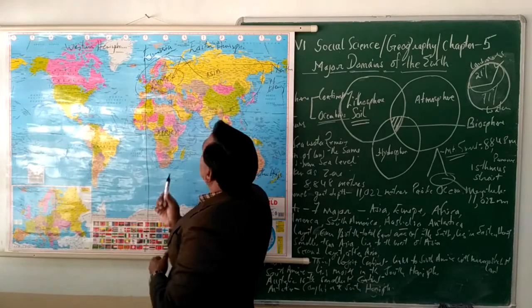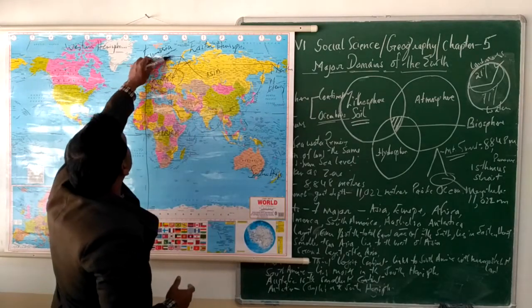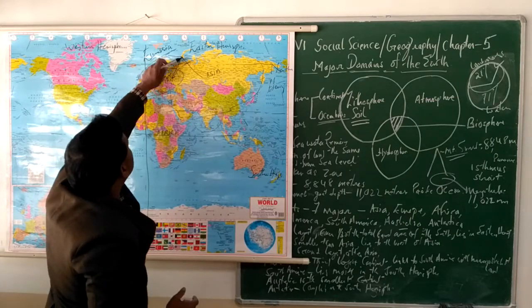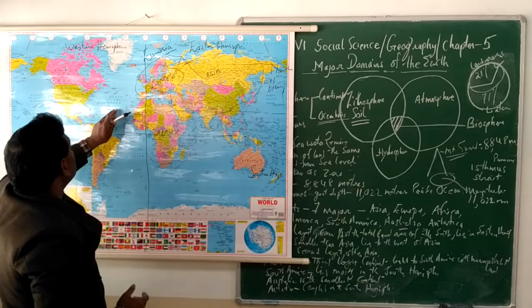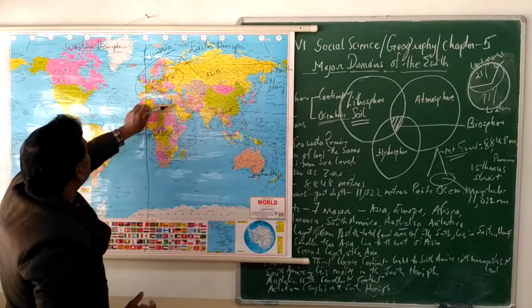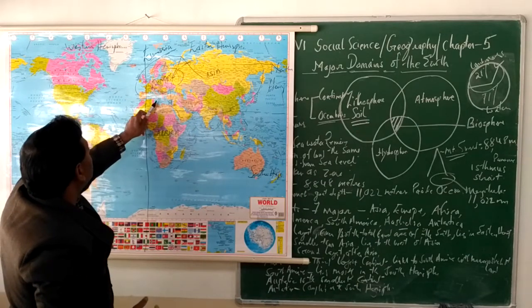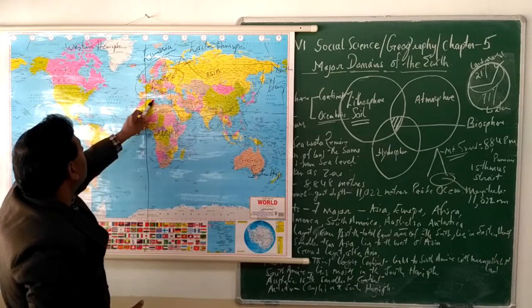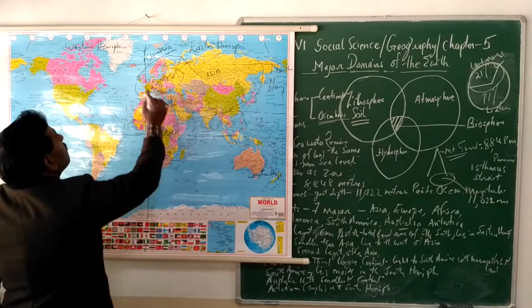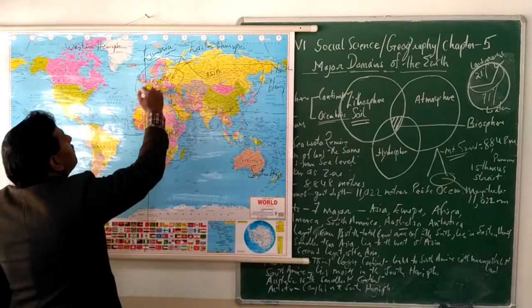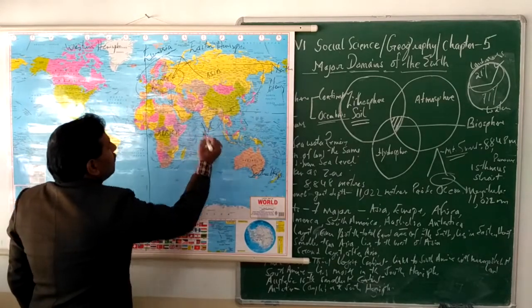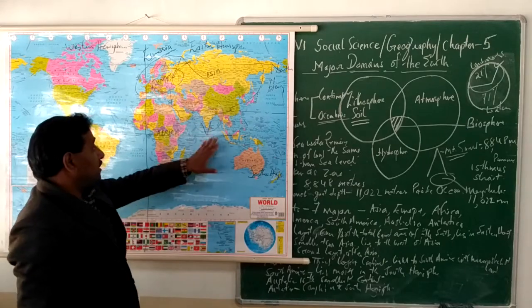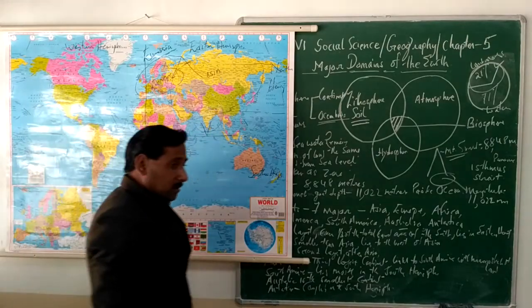If you see clearly, on this side you have the Arctic Ocean, and this side you have the North Atlantic Ocean, and at this part you have the Mediterranean Sea. So it is bounded on three sides by water bodies. Like our country, India, you know, is a peninsula bounded on three sides by water bodies.